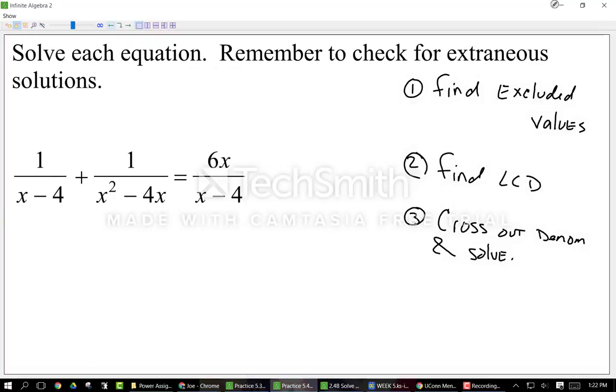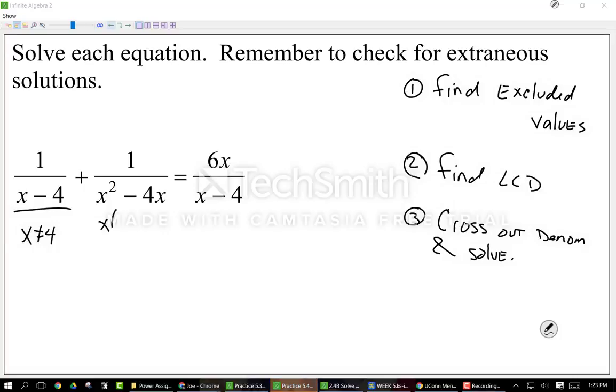Let's look at example number 2 here. I want to, again, do everything on the right-hand side. Find excluded values, LCD, cross out denominator, and solve. First thing I want to do is find excluded values. But before I can find excluded values, I have to factor. This x minus 4 cannot be factored. So that means my excluded value here is x cannot be 4, because that'll make that 0.